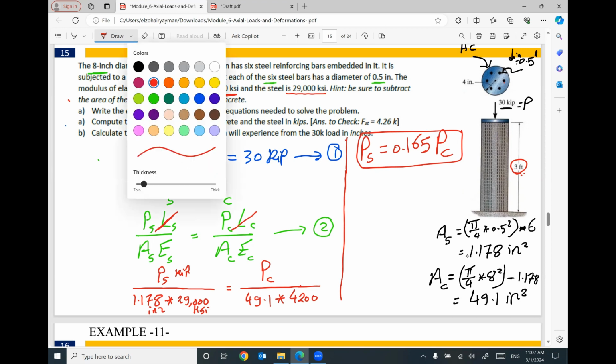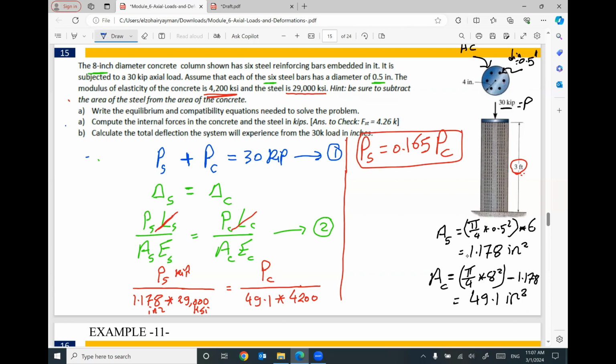So I can go back and remove PS and put 0.165 PC. This is PS plus PC equal 30. The only unknown in this equation is PC. I can find it out, so it will be 25.7 kip.